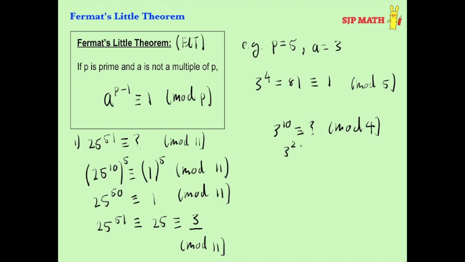For example, 3 squared is congruent to 1 mod 4 because 9 has a remainder of 1 when divided by 4. Starting from this, we built an exponent. We found the largest multiple of this exponent that's smaller than or equal to this, and then we completed the rest of the number by adding the remaining exponents.